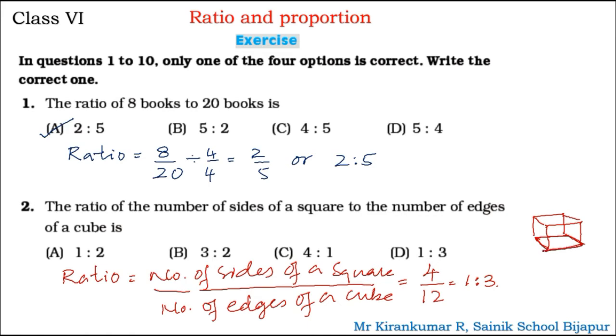Here there are 4 edges, 5th edge, 6th edge, 7th, 8th, 9th, 10th, 11th, 12th. So there are totally 12 edges. So it's a ratio of 4 sides to 12 edges. So option D is the right answer.